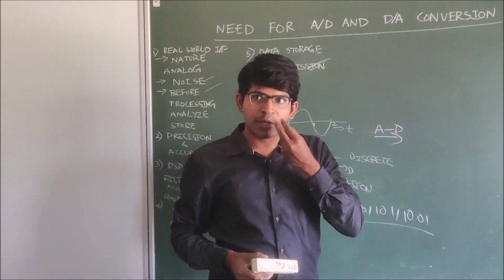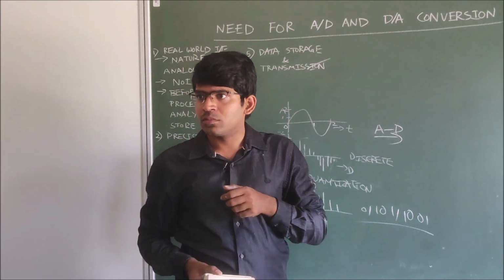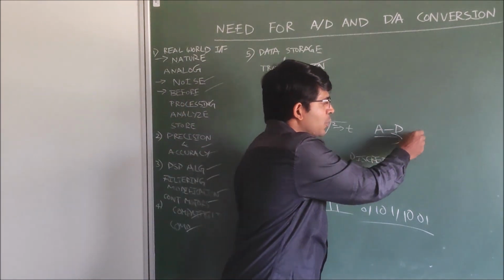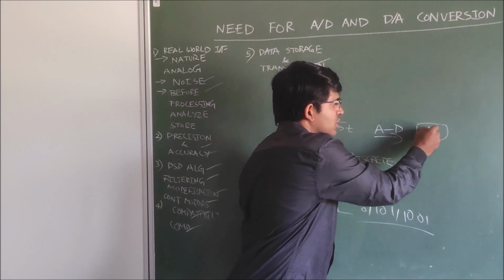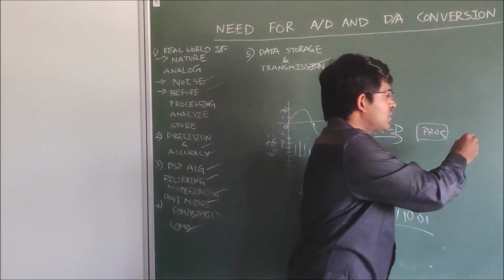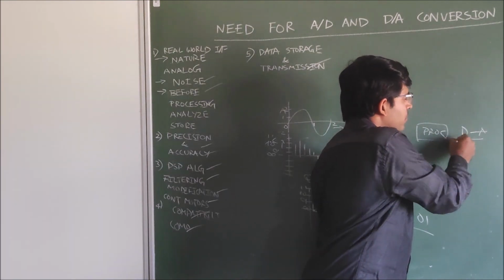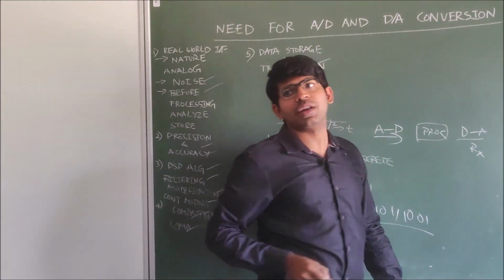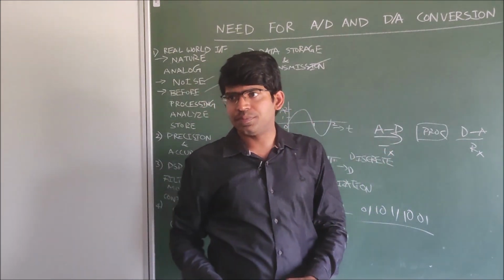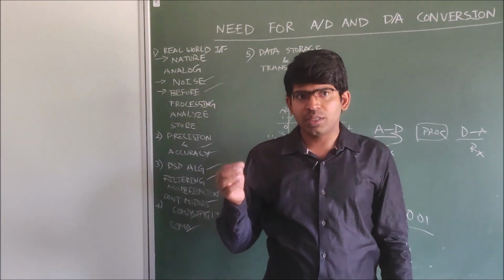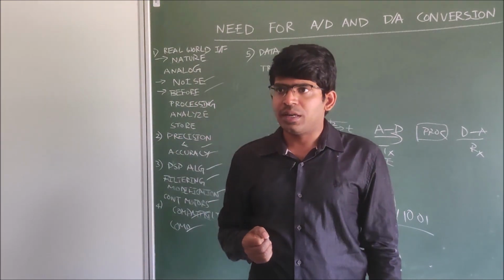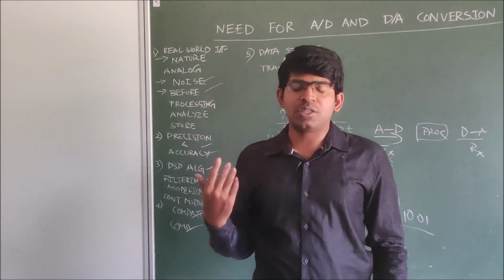That might be my voice, that might be video, and after processing, we are again converting this digital signal to analog signal at the receiver end. This is at the transmitting end. So these are the necessities why we are converting analog to digital and digital to analog.